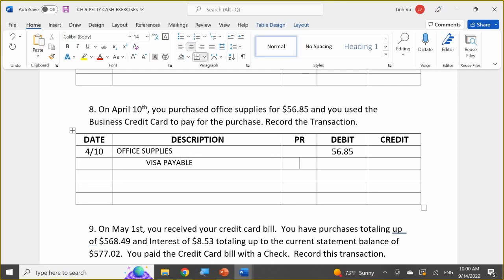And then credit $56.85. Because we're crediting a liability, boom. That's it. We just borrowed the money just now. Good.